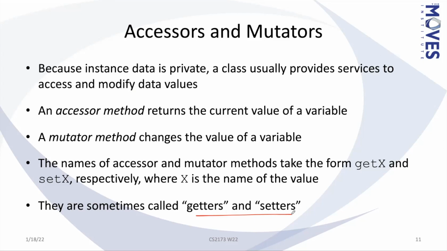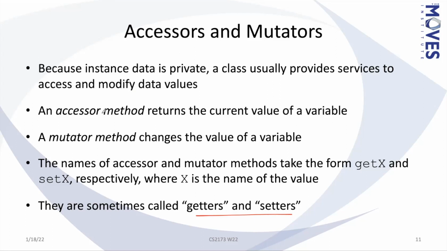The account number is something that we wouldn't want to change. And maybe the name on the account is something that we also don't want to change. But the balance is something that's going to change. So how do we change that?